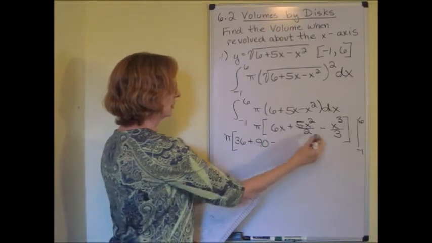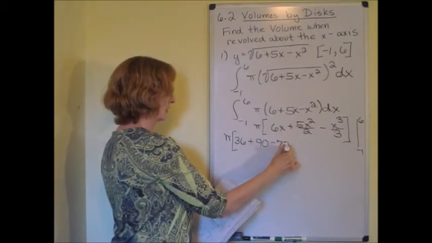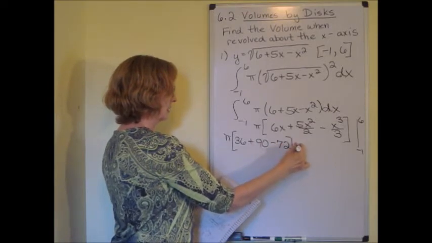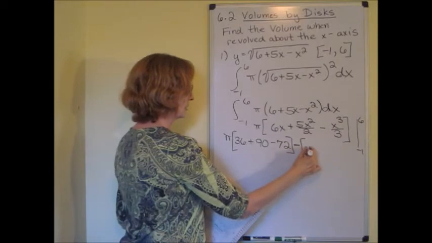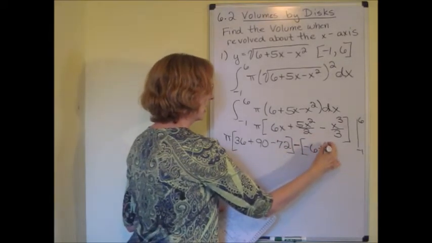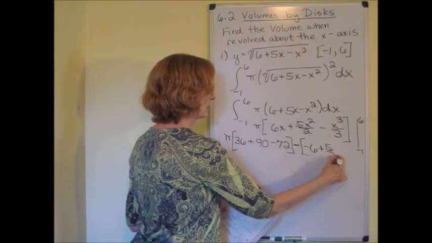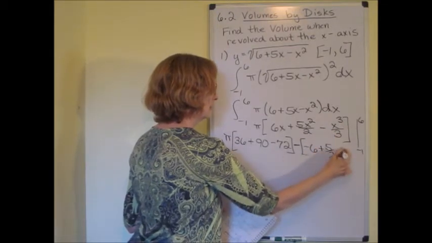Minus, plug in the 6 here, that gives us a 72. And then minus, now we'll plug in our -1, which gives us -6 plus 5 halves. And then that'll end up being a plus 1/3.